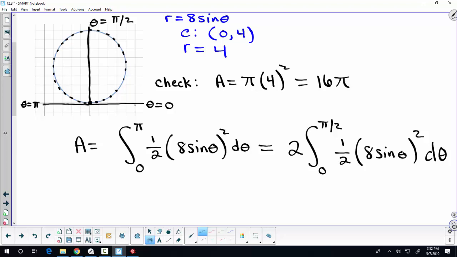So we're all right with that? Yeah. And since there's a half built in, if you can utilize this double symmetry, that half goes away. It's a little bit easier.